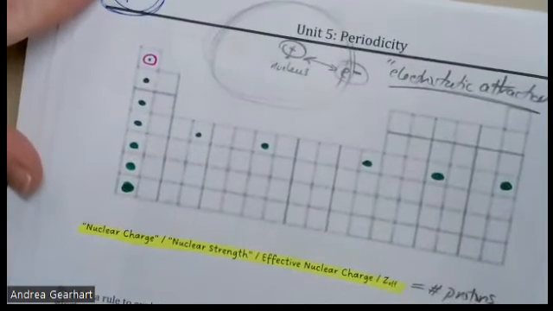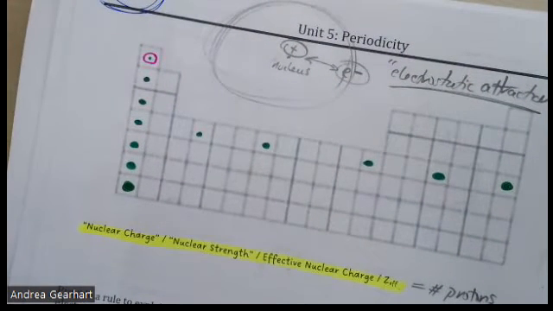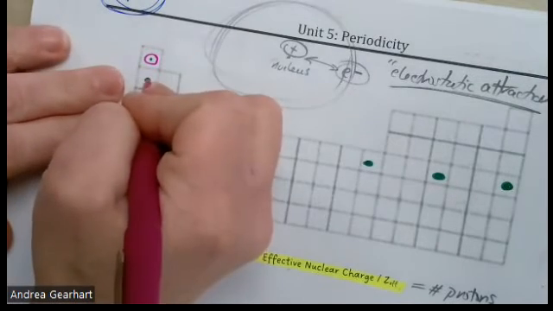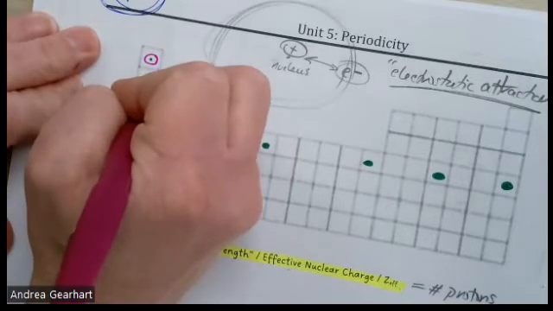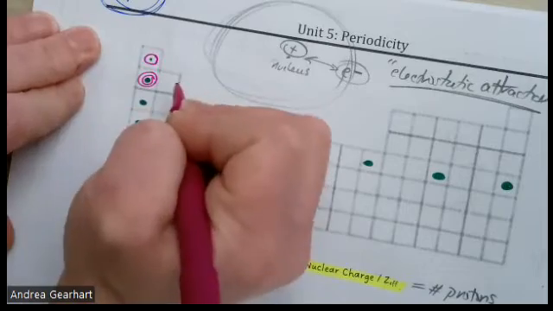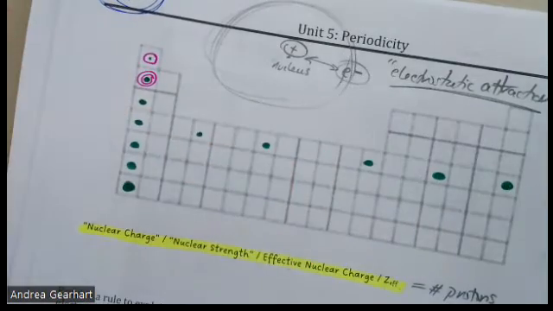I probably should have drawn that a little smaller, but we'll go with it. And then, Luke, what about lithium? How many energy levels? Yeah, right, 2. That's its outermost electron. So I have 2. And then, of course, sodium, 3.